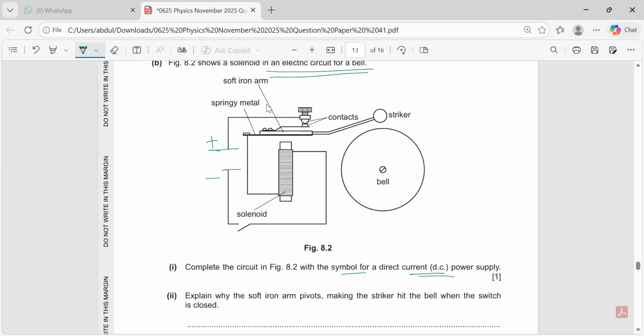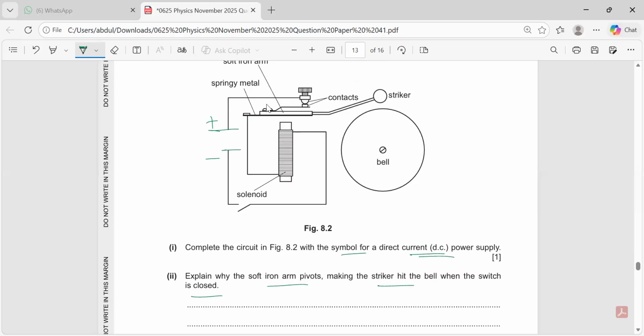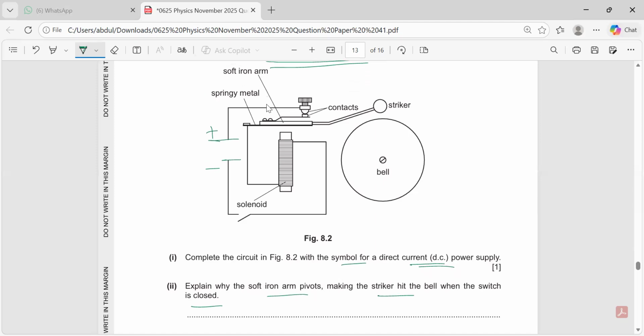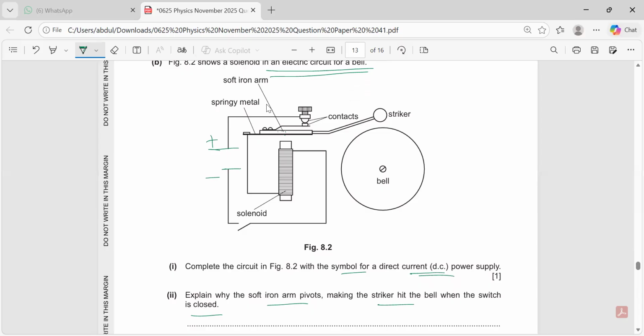Now, explain why the soft iron pivots, making the striker hit the bell when the switch is closed. See, where is the soft iron arm pivot? Soft iron arm here. Striker is here, and these are the contacts. Right now you can see this contact is not in touch here.